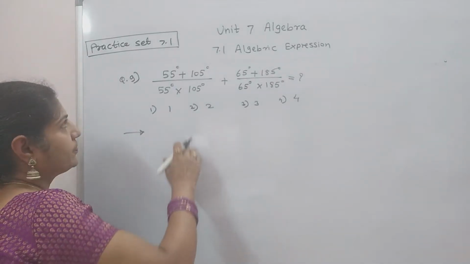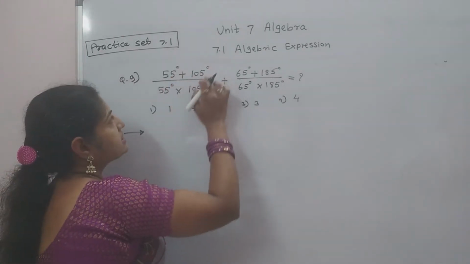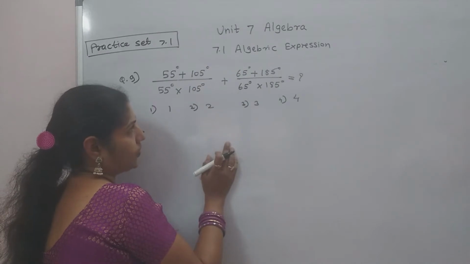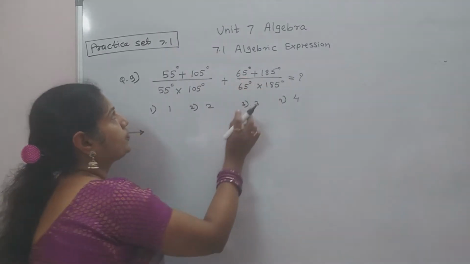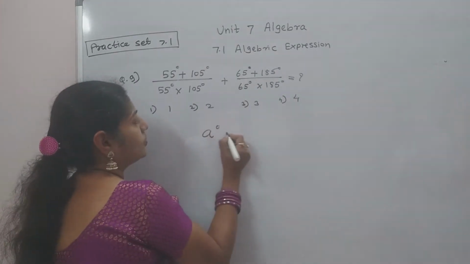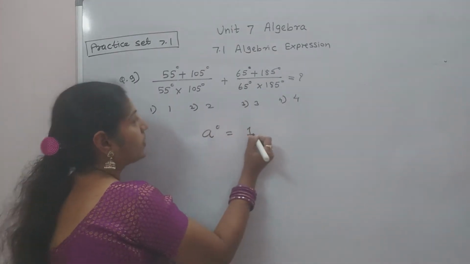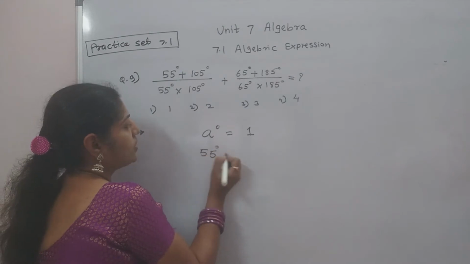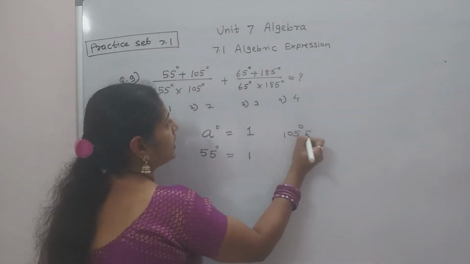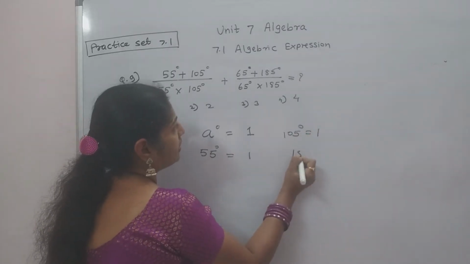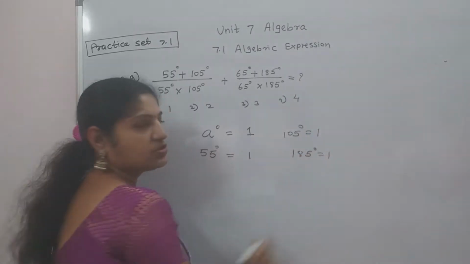Next question. All the indices are raised to 0. Any number A raised to 0 is 1. So 15 raised to 0, answer is 1. 1010 raised to 0, answer is 1. 185 raised to 0, answer is 1.